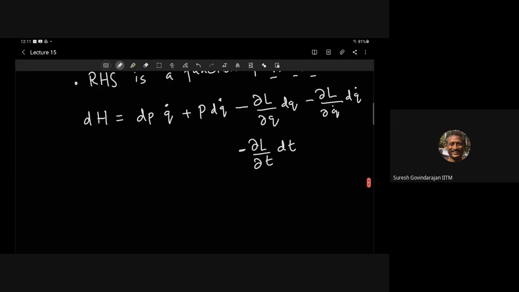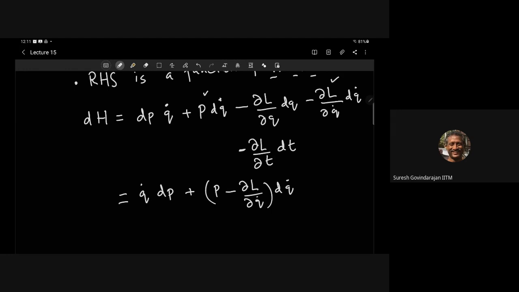Let's collect all the terms together. First let's collect terms which are proportional to dp. There's just one term, q dot dp. Then the dq dot terms: p minus dL by dq dot, times d of q dot, that is this and this.